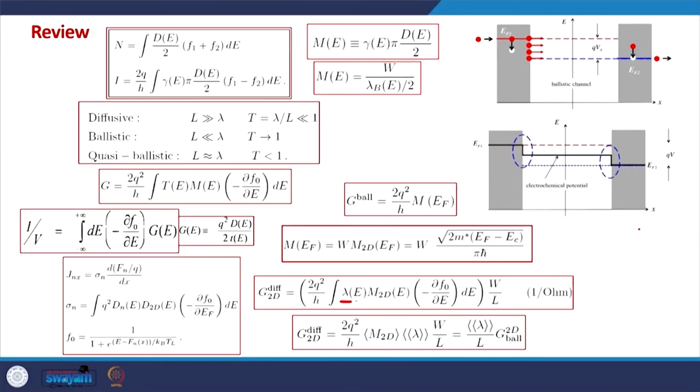With this we will now see how a MOSFET actually works, and especially a nanoscale MOSFET. There is one missing point that we have not discussed, and that is the derivation for this mean free path. If time permits, we will do that later, but that is not extremely essential in order to understand this entire dynamics.